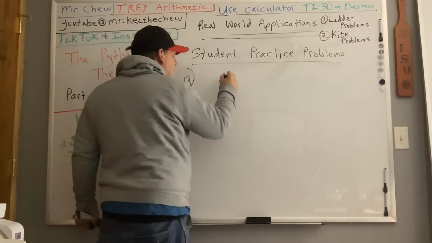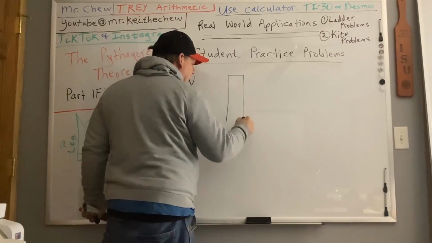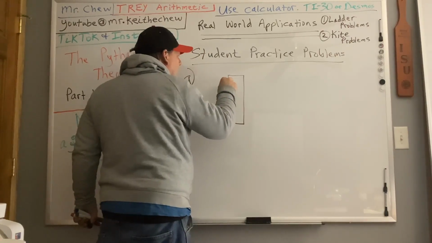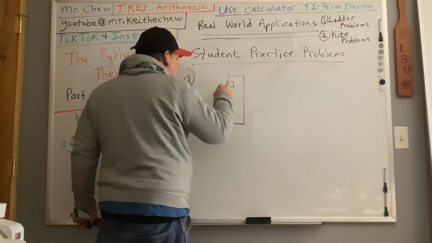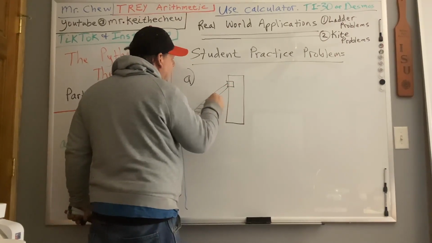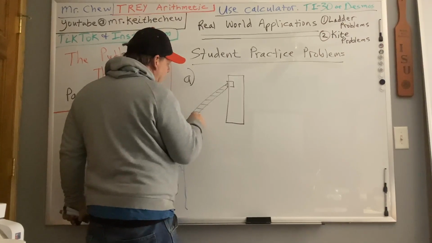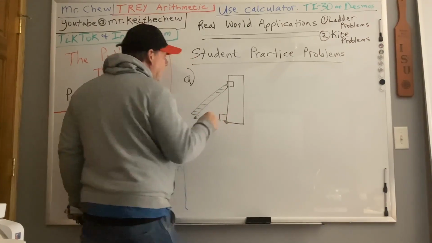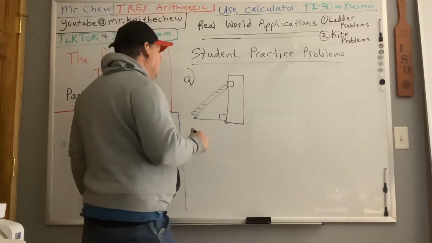The first one, we have our building here. We have a ladder coming up to the window again. Would this be important? It would be if you have a fire and you need to get up there. It'd be really important.